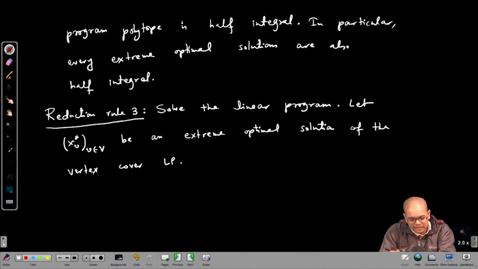Then xv is half integral, and we define these sets.